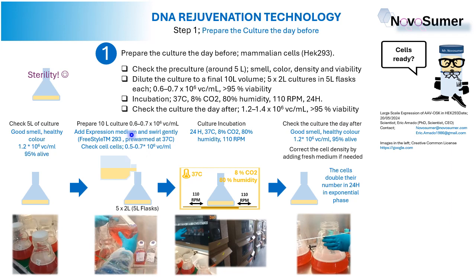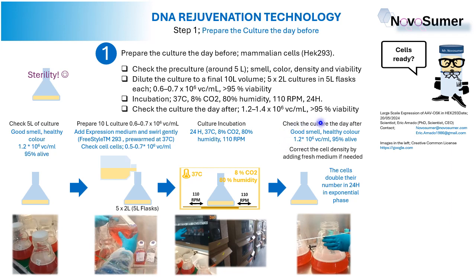So the day after, we expect to double this quantity. So we check the medium again. We smell the medium, we check the color, nice color, nice smell, and now we check the cells. The cells will be around 1.2 million cells per milliliter.